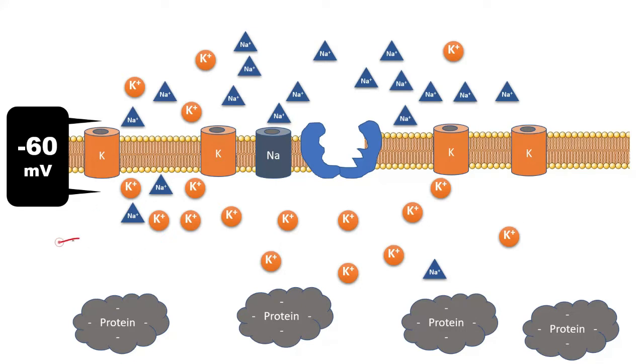Now, the inside of the cell is negatively charged and the outside is positively charged, right? Okay, well, potassium wants to leave because of the chemical gradient, but it wants to stay in because of the electrical gradient.